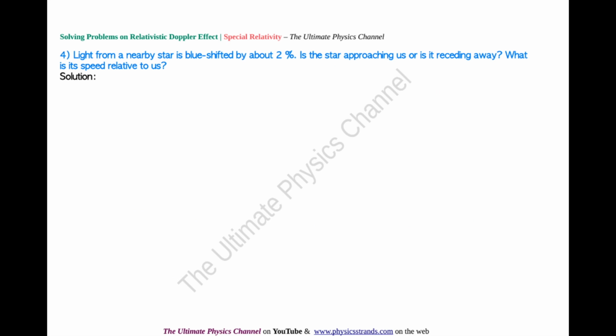Light from a nearby star is getting blue shifted by about 2%. Is the star approaching us or is it receding away? What is the speed relative to us? So here this is blue shifting, that is, it is shifting towards lower wavelength. When a star is approaching us on Earth, its frequency will increase.